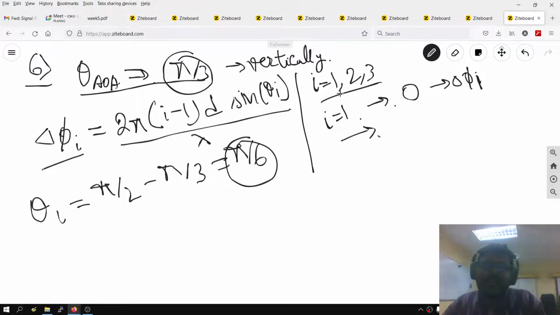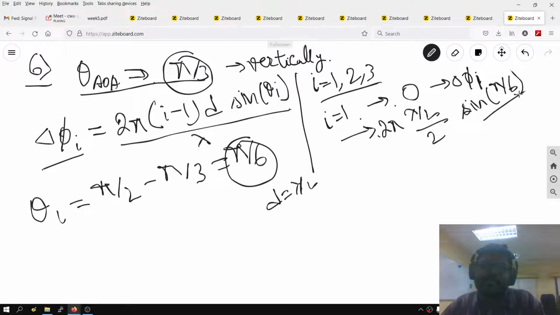Similarly, if we substitute i equal to 2, it becomes 2 pi by lambda times lambda by 2, as d equals lambda by 2 is given in the question, times sine pi by 6. Cancelling the 2s, the term that remains is pi by 2, and this is phi 2.